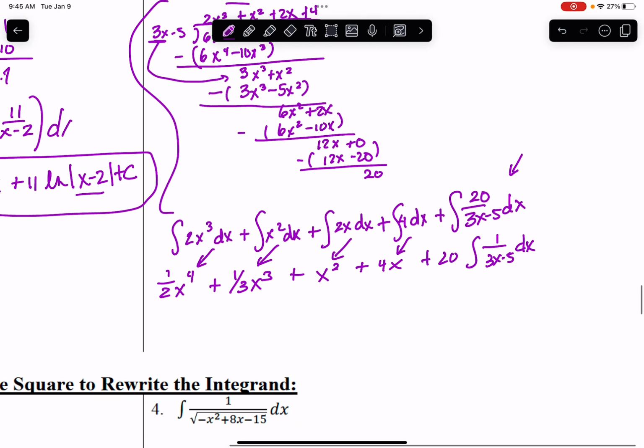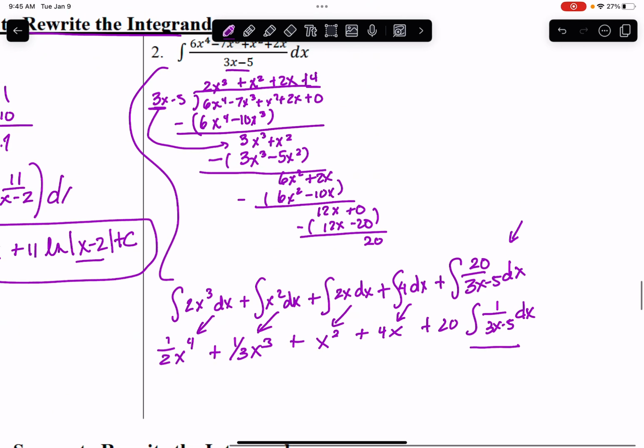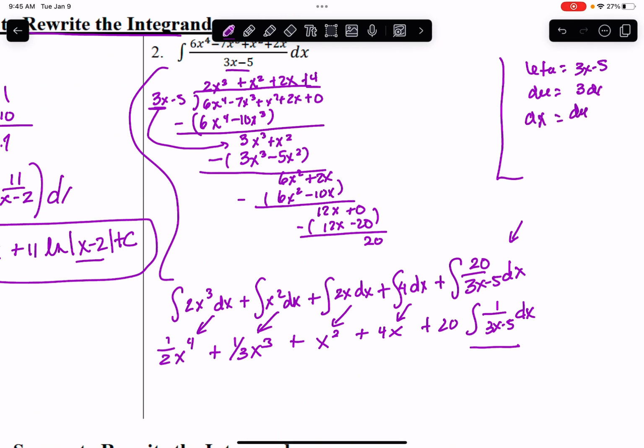So we have this last one to do. Over here, we're going to let u equal 3x minus 5. So du is 3 dx, so dx is du over 3. So we had to divide out a 3. So this becomes plus 20 over 3 integral of 1 over u du.